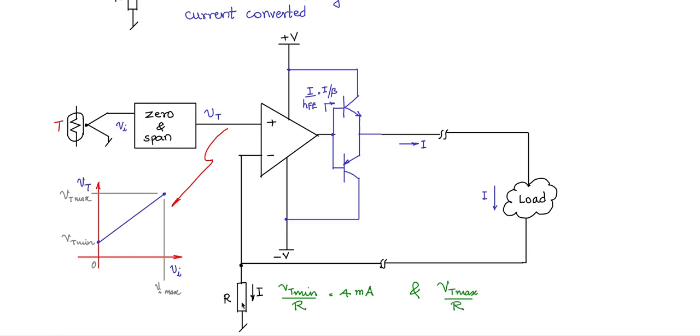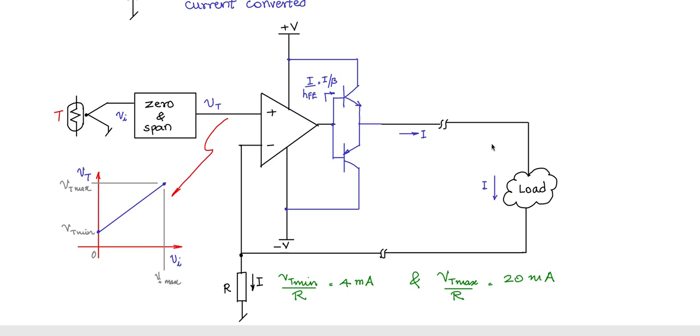Vt max by R will be 20 milliamps, let us say. So you have this entire swing of Vi from 0 to some Vi max will result in a swing of Vt minimum to Vt max, will result in a current loop of 4 milliamps to 20 milliamps current in the current loop. So this is how the 4 to 20 milliamp standard has come about, implemented in this fashion using this transmission circuit. Very simple transmission circuit with current boost.